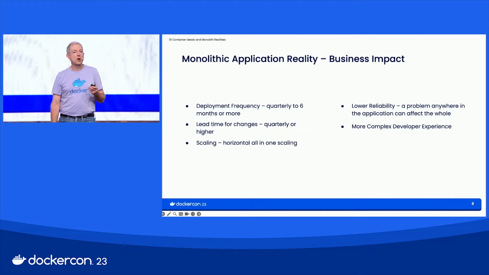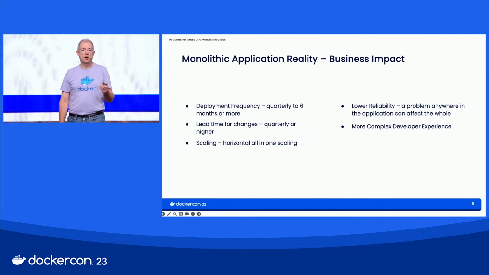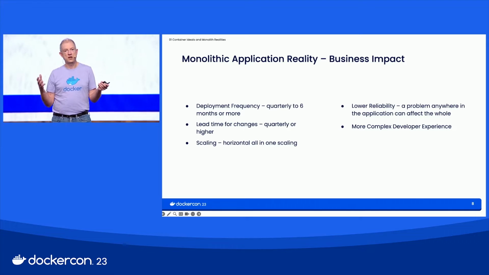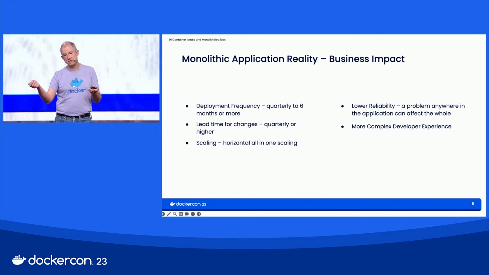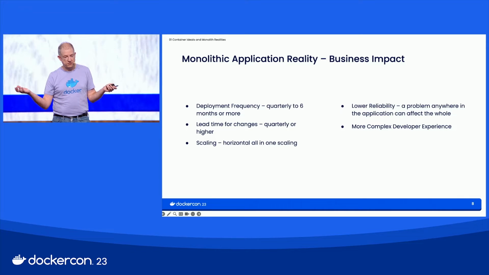And then a more complex developer experience. Because this huge monolith is sitting all together, the developers can't test the code locally as easily. It's not as easy to work with a 12.5 gig file if you need to test a particular change. You may have to push code out to a test environment, which means a slower feedback loop, which means a slower process overall.